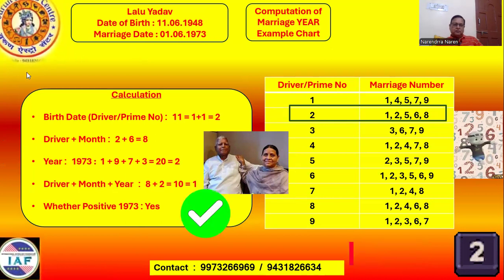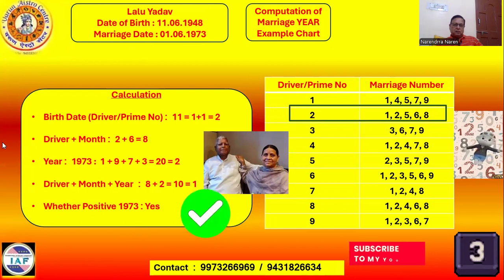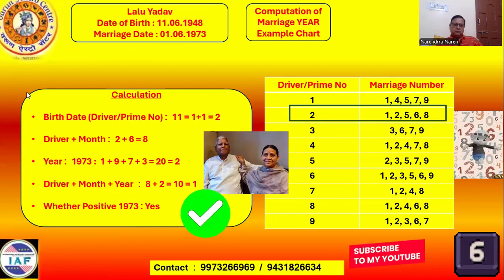When we add together this birth date number 11, we are getting 2 here. And when we add this 2 to the 3 number, meaning birth date and month, we are getting 8. And when we add the digits used in 1973, we are getting 2. So 1973 is equal to 20, that is 2.